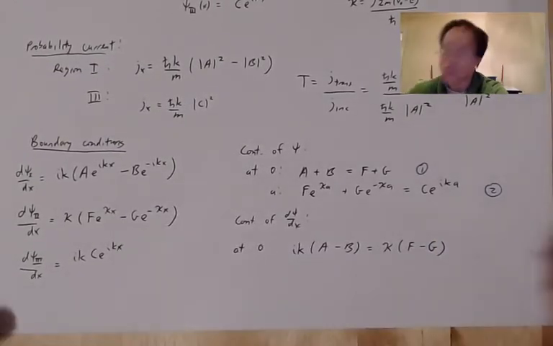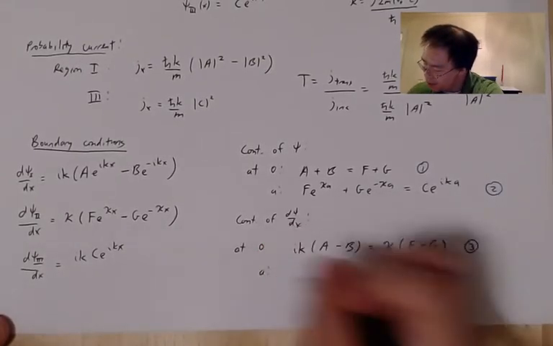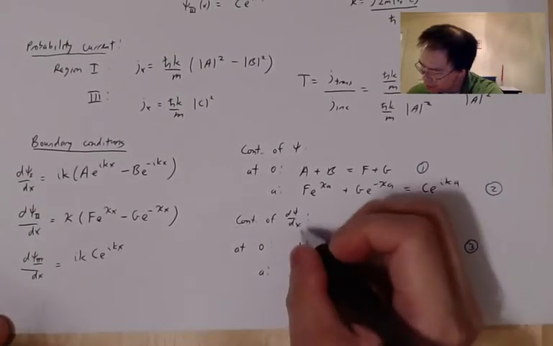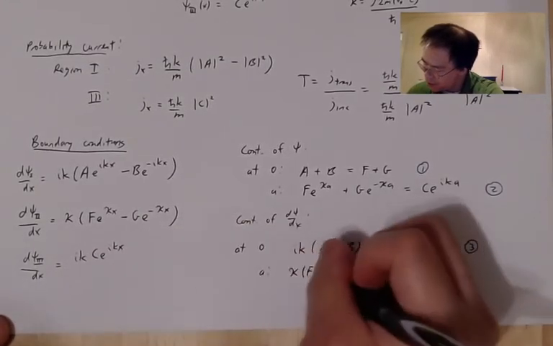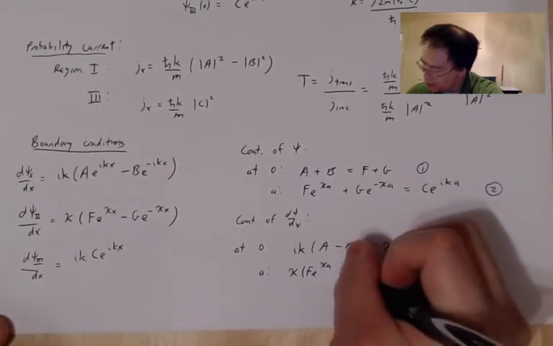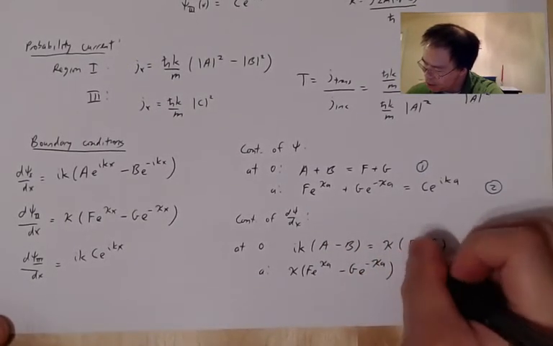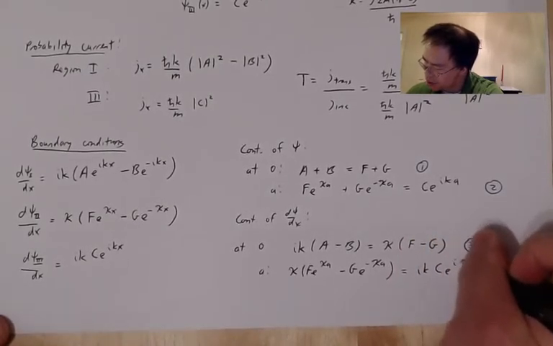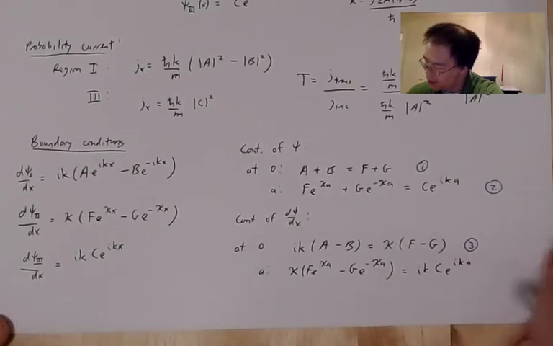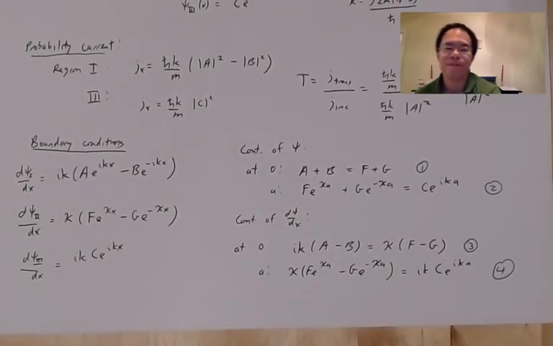Let's call that equation 3. And then at a, we do the same thing. We have κ(f e^(κa) − g e^(−κa)) = ik c e^(ika). Let's call that equation 4.